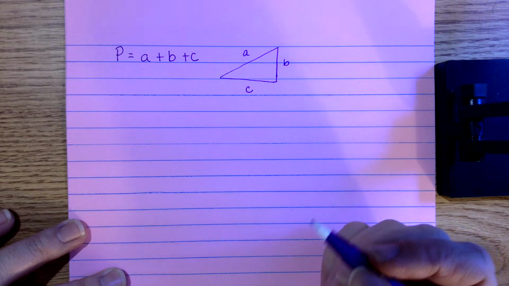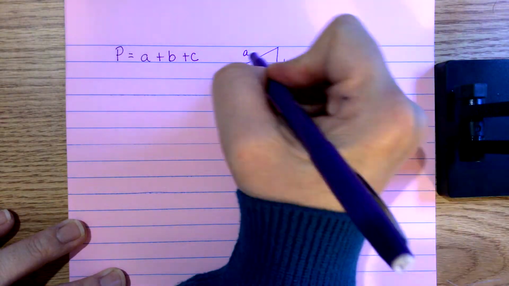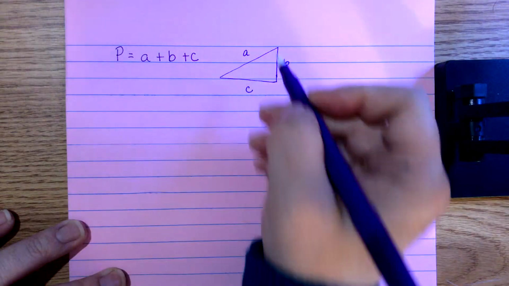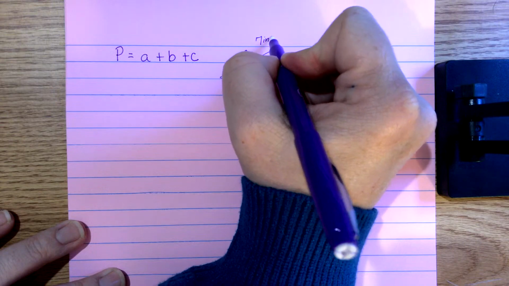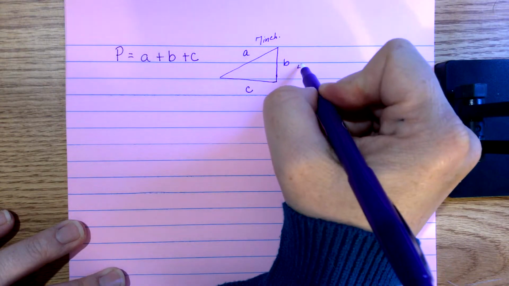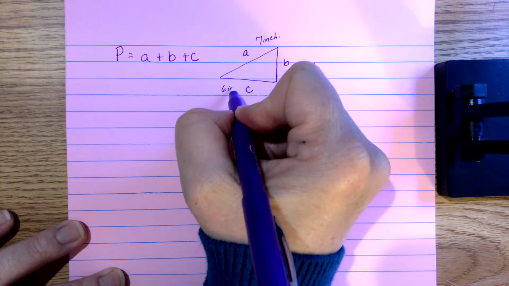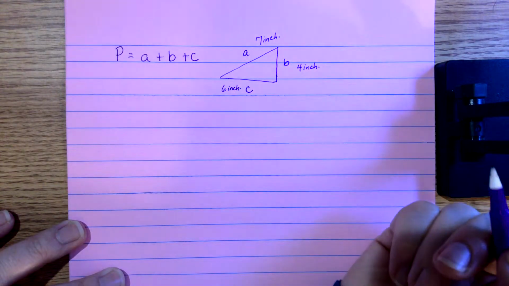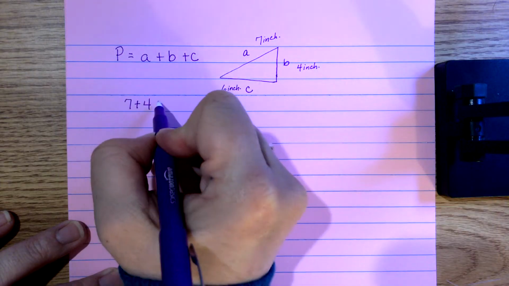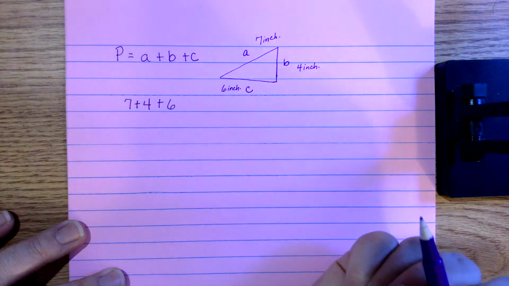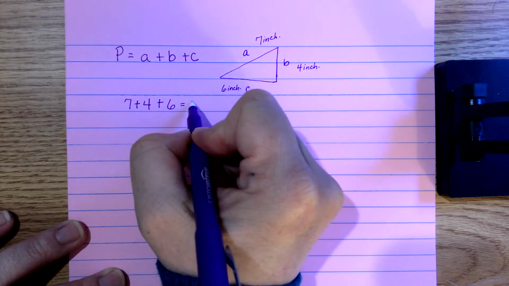So for instance, when you have a triangle that, let's say, has 7 inches, 4 inches, and 6 inches, you're going to do 7 plus 4 plus 6. 6 and 4 is 10, plus 7 equals 17.